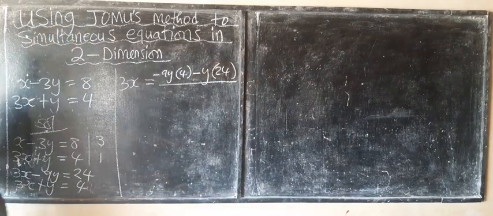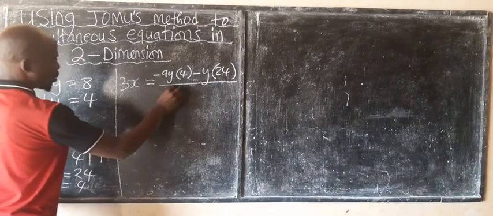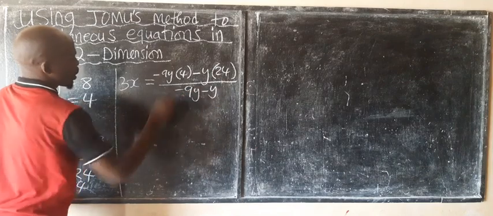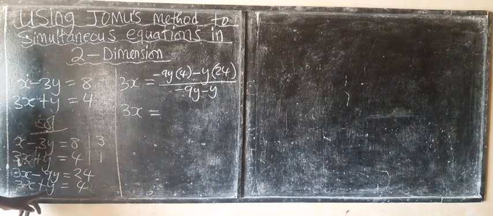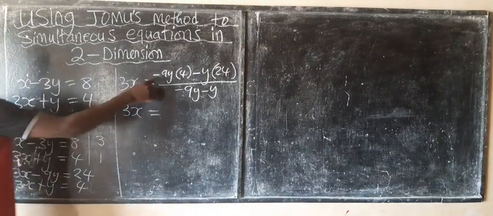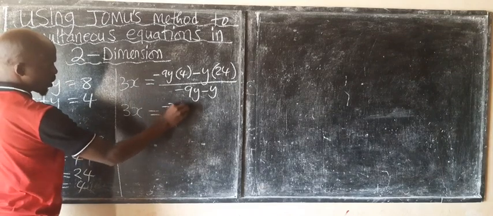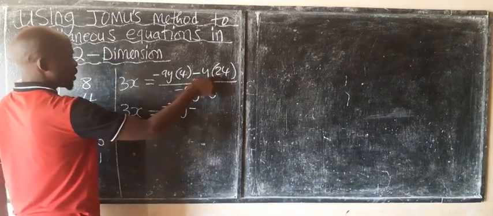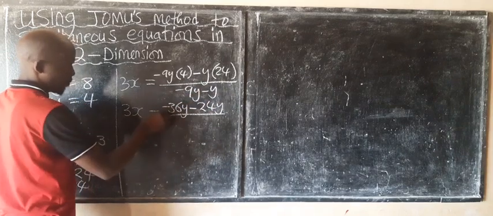Then I divide by negative 9y minus y. So 3x equals negative 9 times 4 gives me negative 36y, minus y times 24 gives me negative 24y.